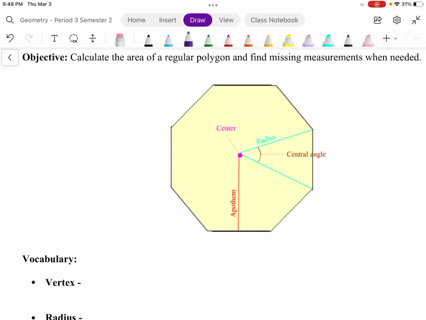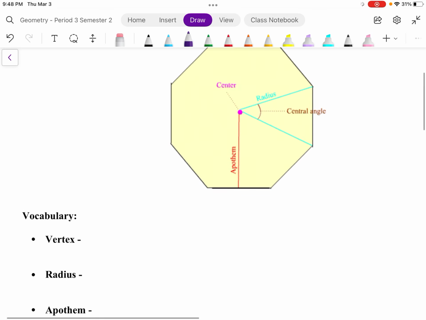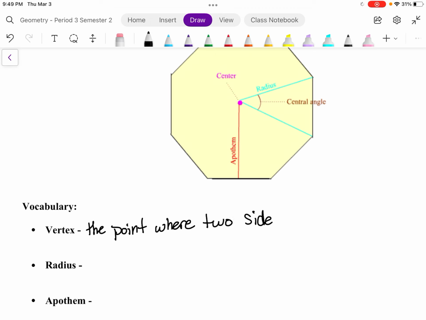So here's a picture of a regular polygon. This one just happens to be an octagon, but it can be any number of sides, sorry. So some vocabulary word is a vertex, and this is the point where two sides meet.